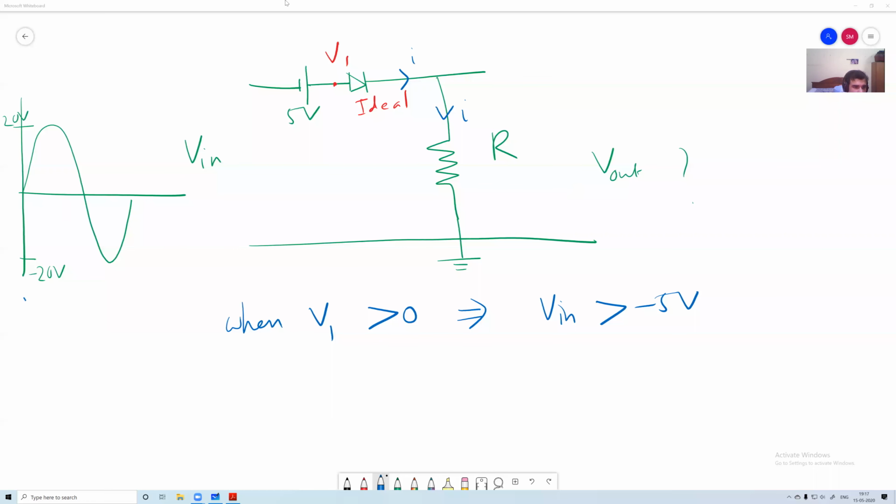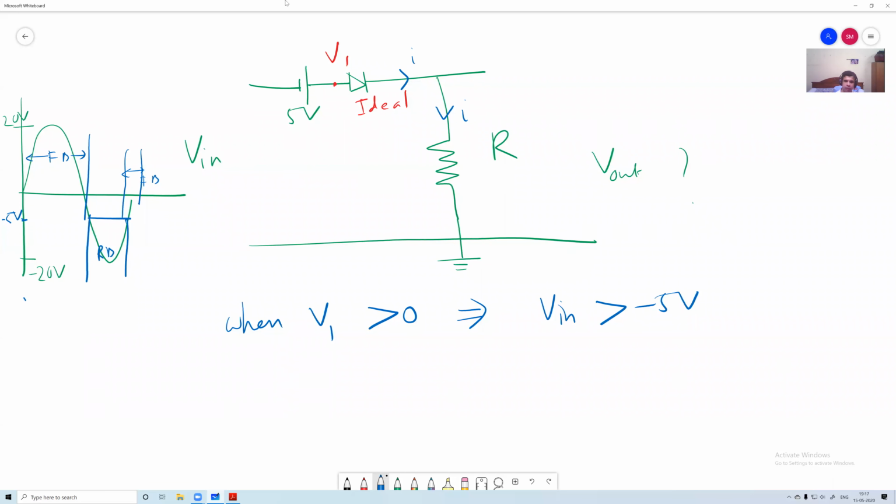So the diode is forward biased. This is minus 5. So this part is reverse biased, and this part is forward biased. So obviously, of course, this part is also forward biased.